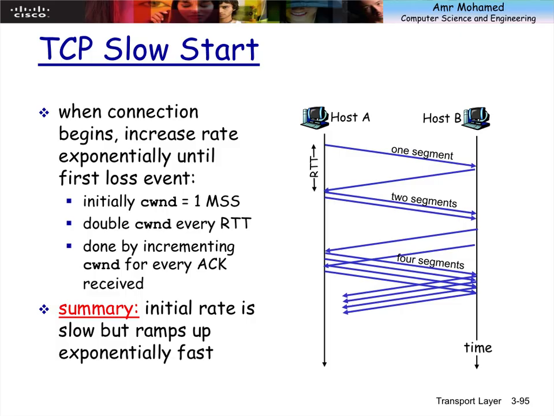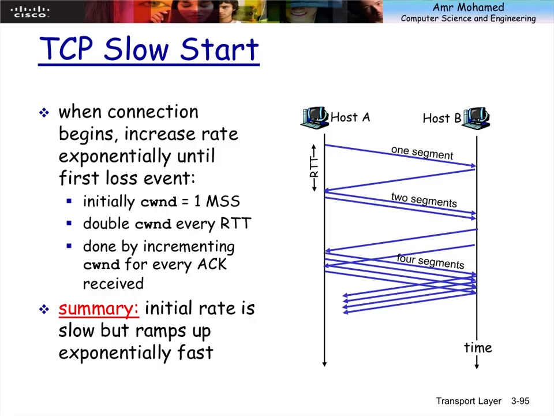So in TCP, we call it TCP Reno. With the first acknowledgement, we increment the congestion window. When we increment the congestion window, this means that we can now send 2 segments. So we send the 2 segments. If we receive 2 acknowledgements, we increment twice.